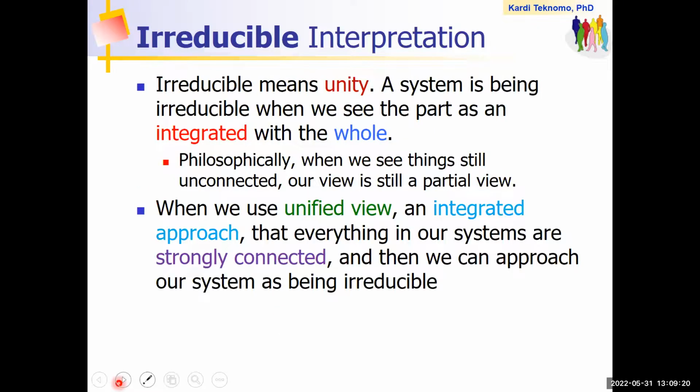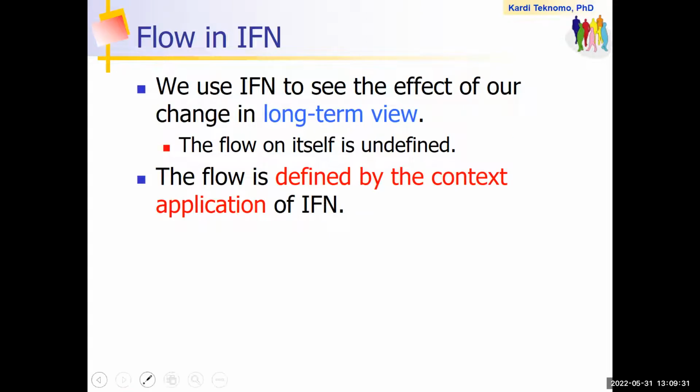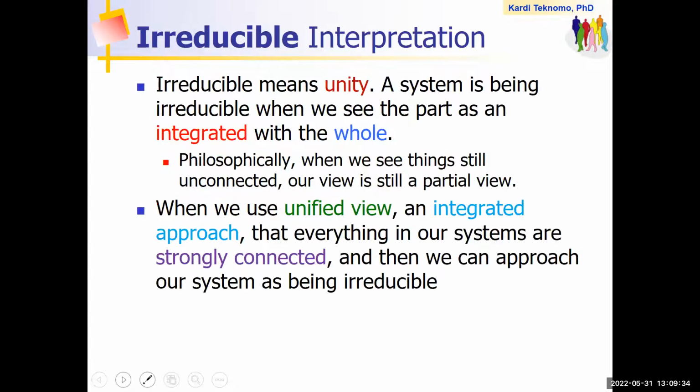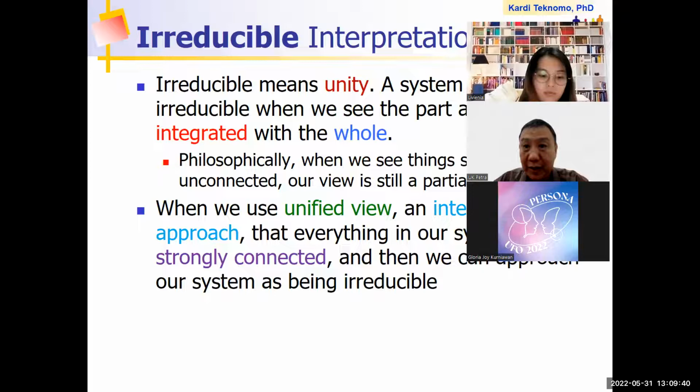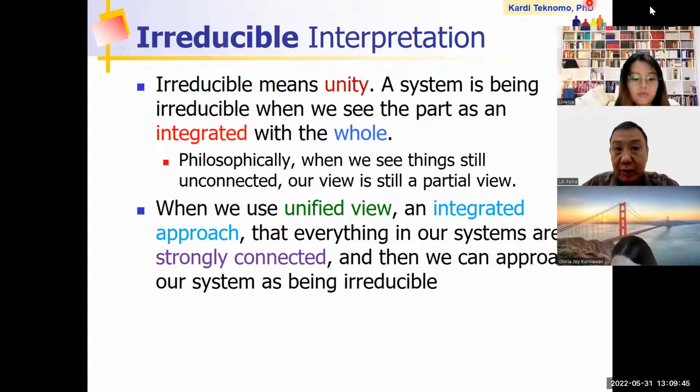As I mentioned earlier, by definition, IFN is practically an irreducible premagic matrix. So if you want to apply this, you need to understand the interpretation of irreducible. What is irreducible? Irreducible basically means unity. A system being irreducible means you can see the part as integrated with the whole.